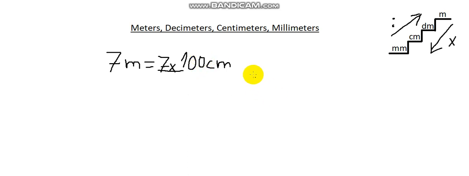And as we know from last year, basically, 7 times 100 is 700. So 7 meters is 700 centimeters.